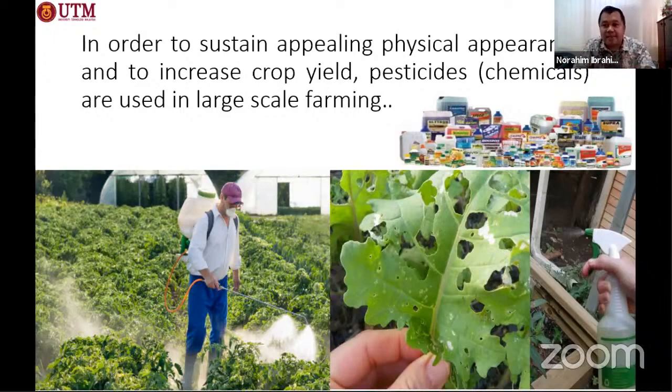They use pesticides, a lot of pesticides, untuk mendapatkan products which are appealing in terms of the physical appearance. Daripada pandangan mata kasar, they look very nice. They look very, very fresh. They don't have holes on the leaves. They're very shiny and almost glittering. The fruits, uniform size, big size. We love those things.